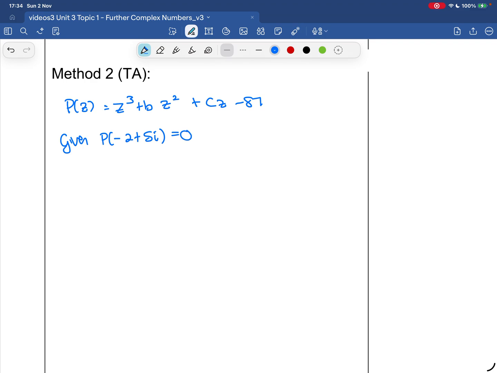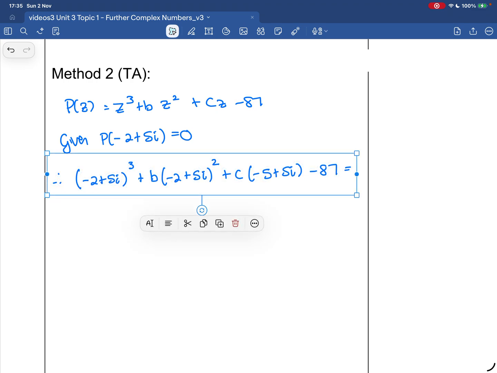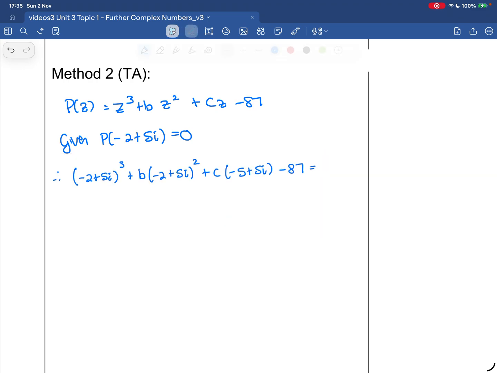Okay, I know therefore that (negative 2 plus 5i) cubed plus b times (negative 2 plus 5i) squared plus c times (negative 2 plus 5i) minus 87 is equal to, now I can write 0 as a complex number, so 0 plus 0i.